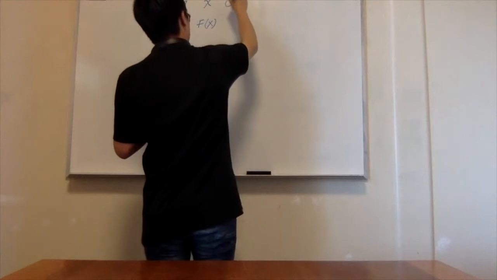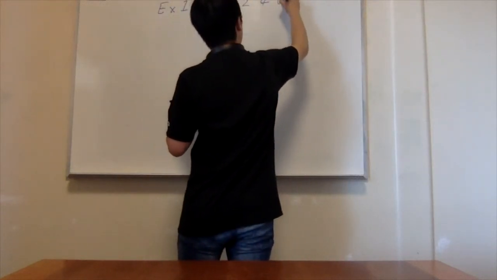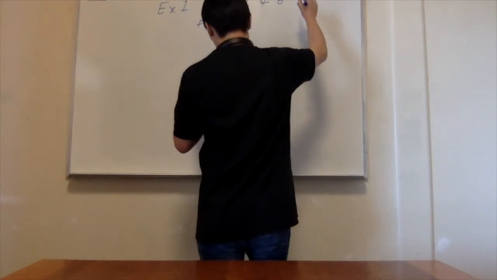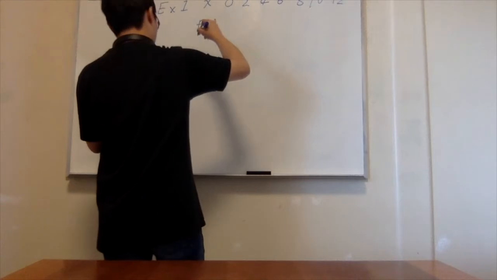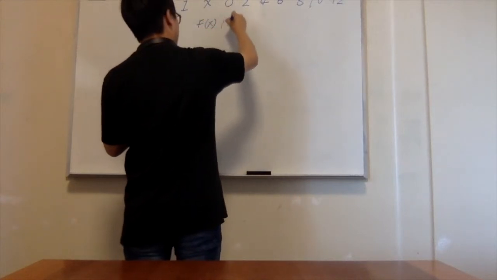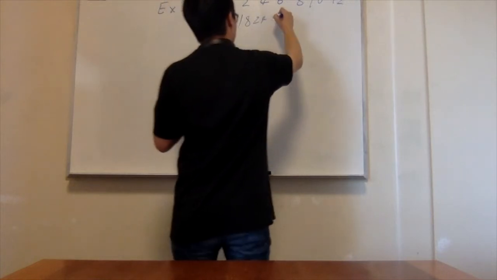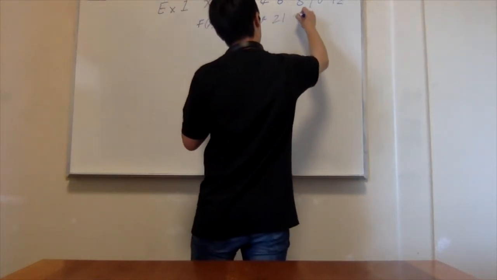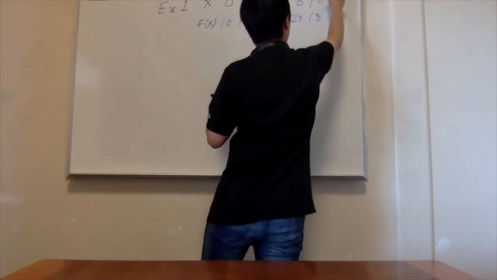So x will be 0, 2, 4, 6, 8, 10, 12. F of x will be 10, 18, 24, 21, 20, 18, 15.